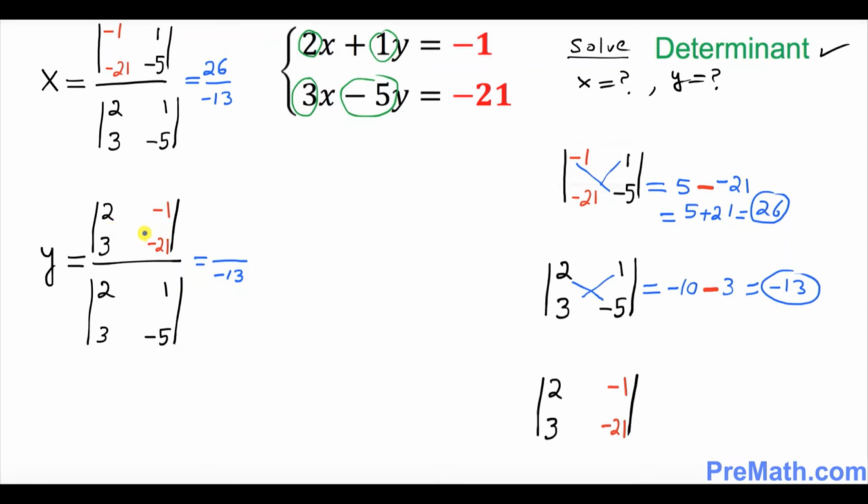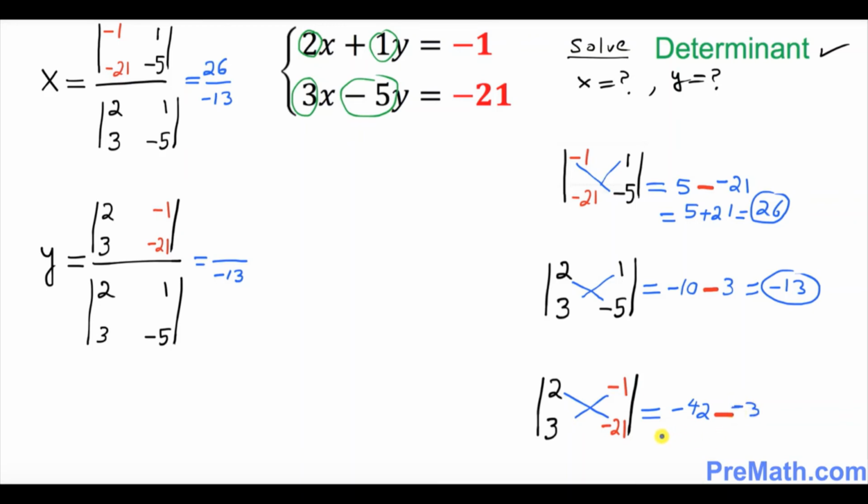And now we're going to find the value of the top determinant for the y variable that I put down over here. Copy it down, and let's do exactly the same way as before, crisscross. Let's go first this way: 2 times negative 21 is negative 42. Once again, put a minus or takeaway sign and then multiply the other way around. That is going to be negative 3, isn't it?